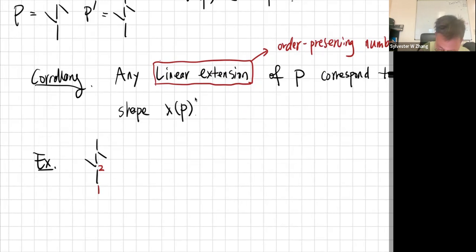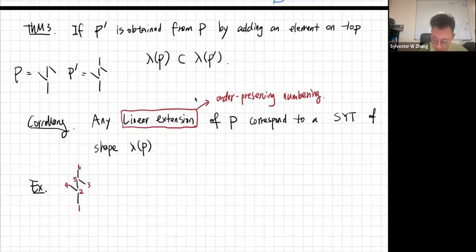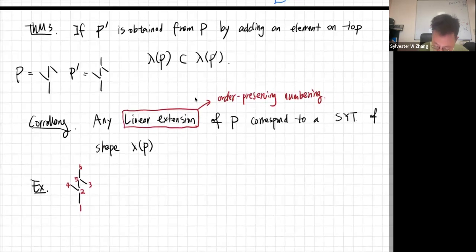So here's something you can do. Then you can turn a linear extension into a sequence of subposets. The first thing in the sequence is the one element poset labeled by 1.